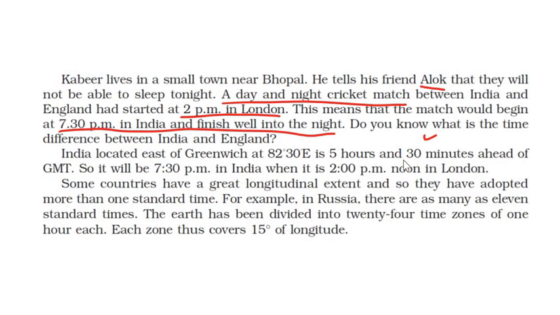Now how do you get this 5 hours 30 minutes? Basically this number comes from this 82.5 degree. So what you do is divide 82.5 degree by 15 degree, because for every 15 degree we have 1 hour, so this is 82.5 degree on the east side.